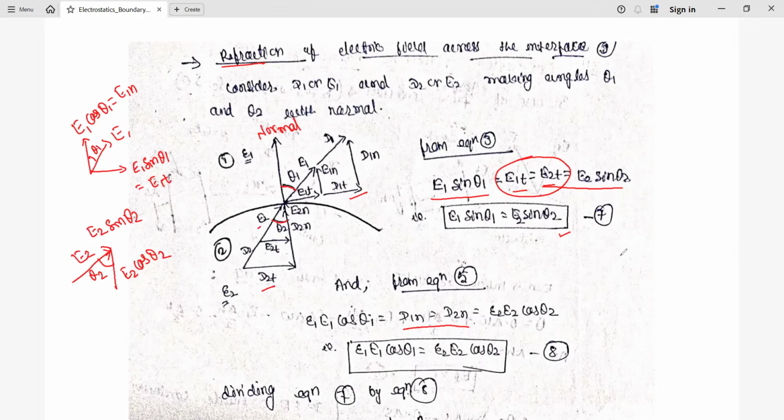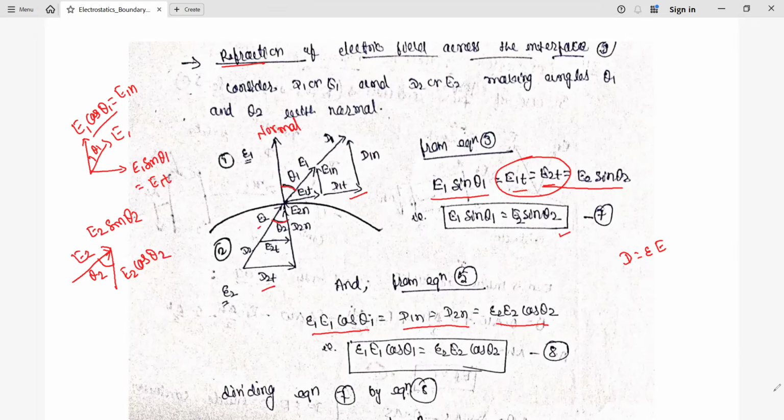Already you know D equals epsilon into E. So we write the normal components: epsilon 1 E1 cos theta 1 and epsilon 2 E2 cos theta 2. The normal components are equal, so left and right are equal.